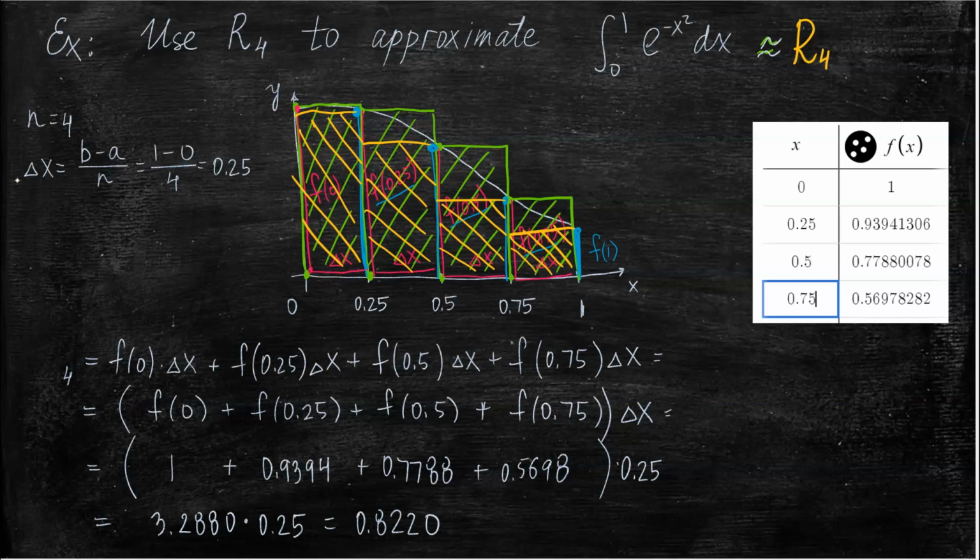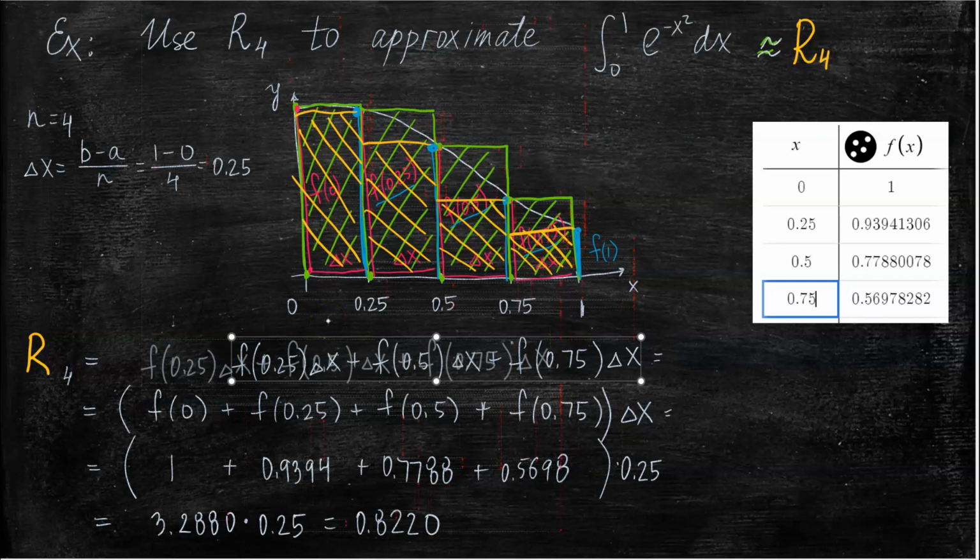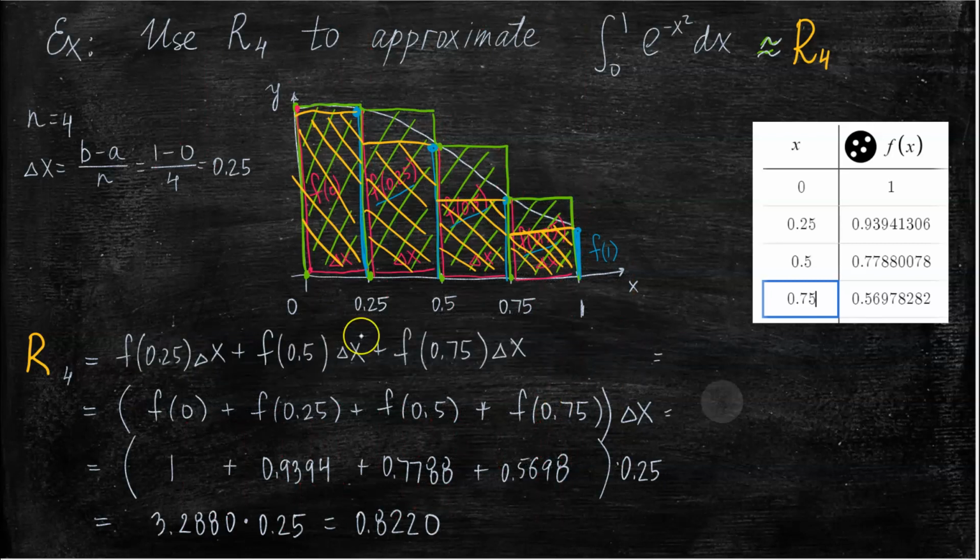And to find R4, here's what's going to happen. We're going to compute the area of the first rectangle on the left, but now it's not of the height f of 0. It's actually going to be of the height f of 0.25. So we're going to still use the 3 rectangles in the middle. However, on the right side, we're going to add the 4th rectangle, the area of which is f of 1 times delta x.